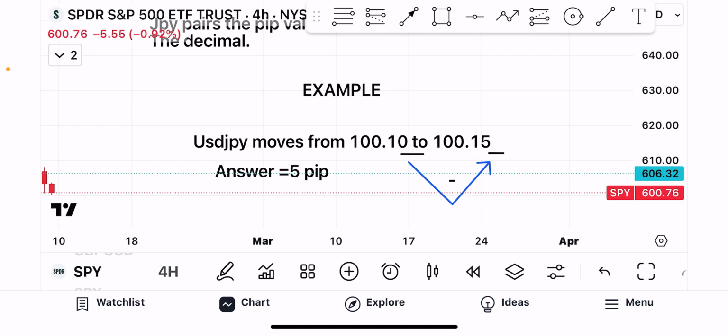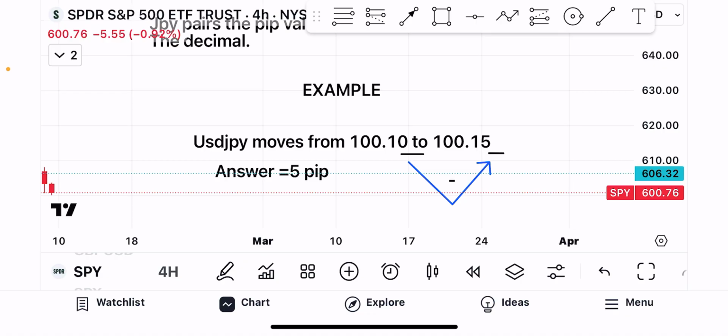So if you're using a pair that has JPY, you have to calculate it in twos after the decimal number.